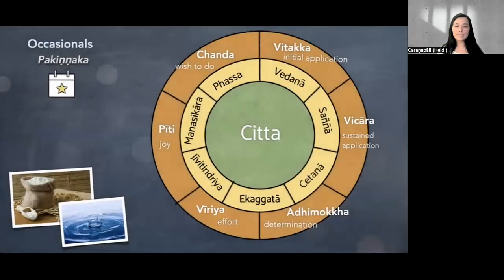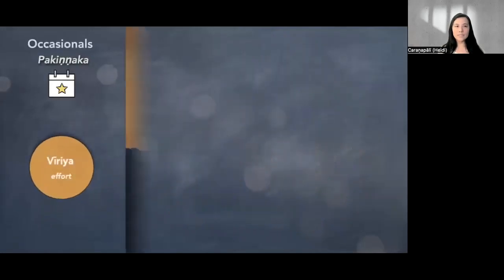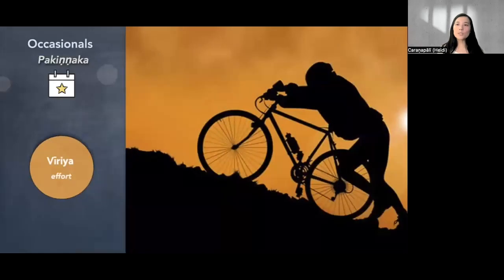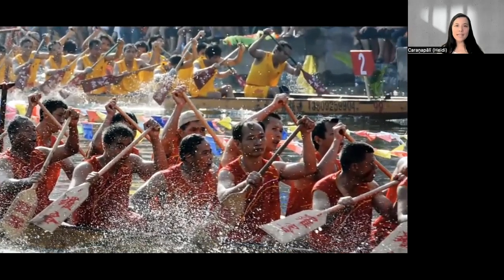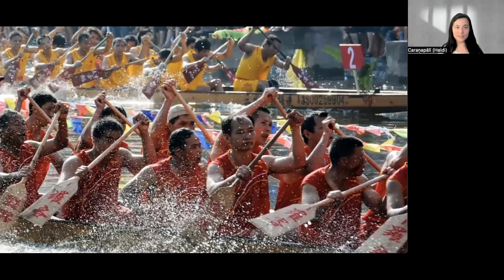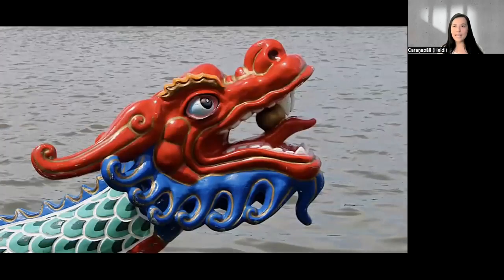Now let's go to the next one, which is Vīriya, effort. Vīriya is very important, especially when practicing meditation. We always hear about Vīriya, effort, right? Now, if you remember the dragon boat, Vīriya here is not the person who is playing the drum, encouraging everyone, but those who are making effort on doing the work. So this is Vīriya.